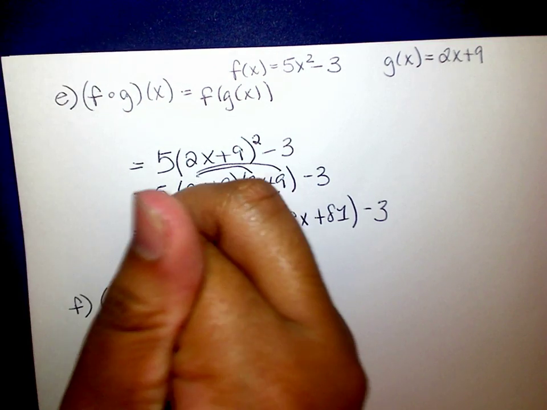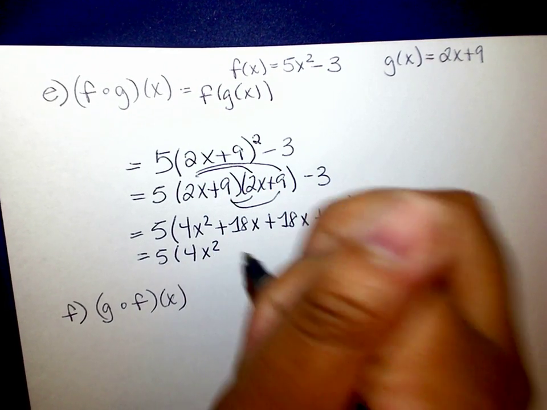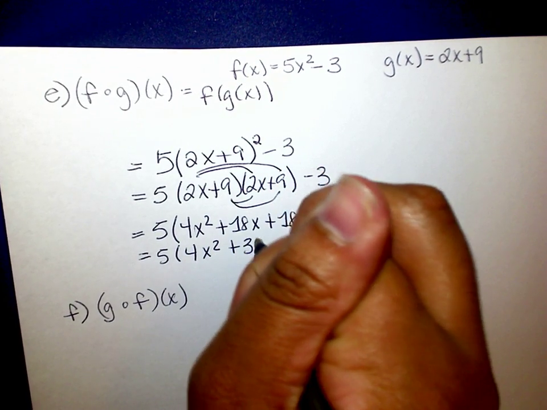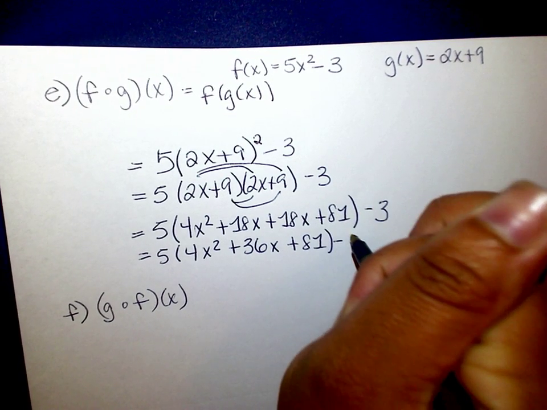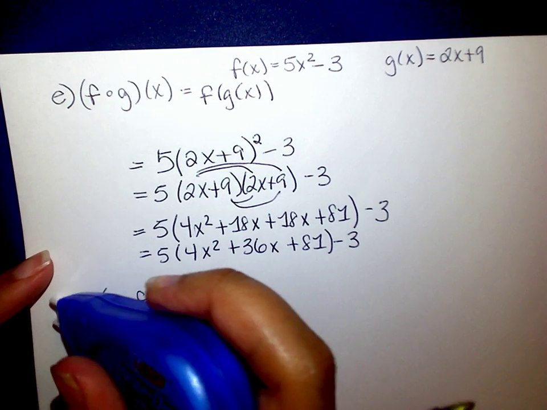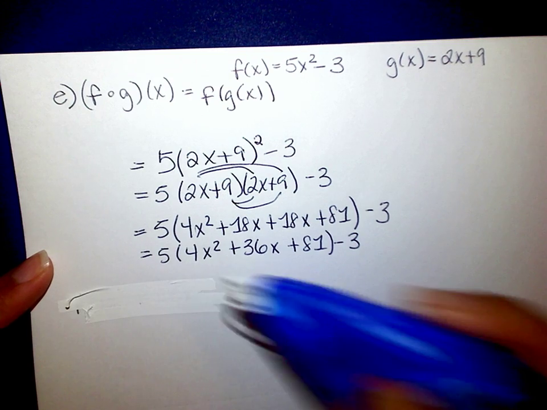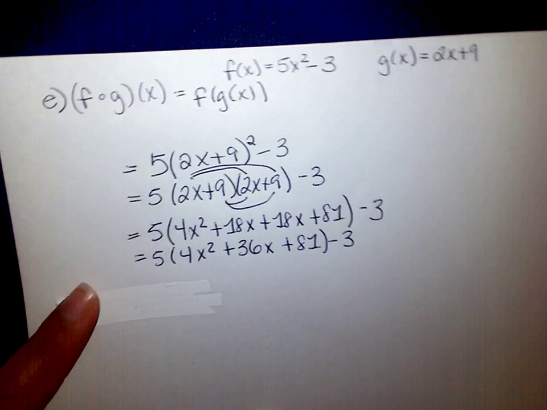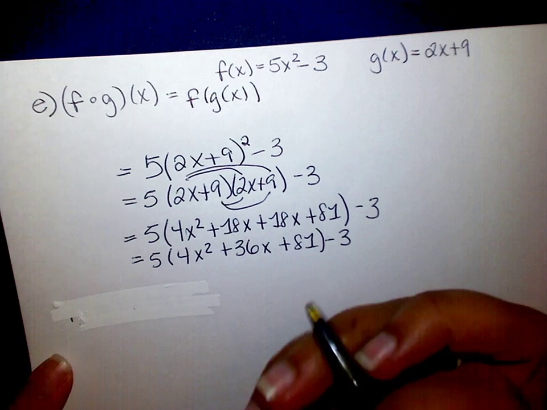So we'll get 5 times the quantity 4x squared plus 36x plus 81 minus 3. Alright, so then we're going to distribute this 5.